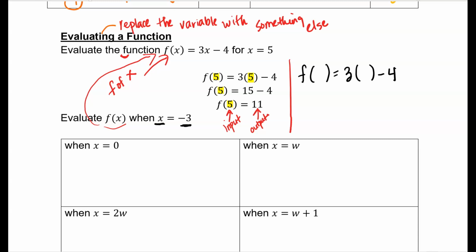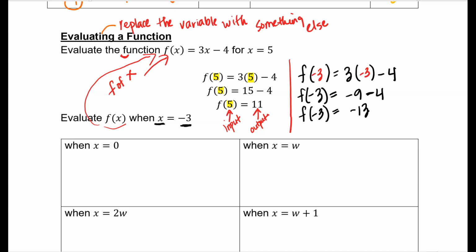So we're going to replace it with a negative 3. We're going to rewrite the left side. There's nothing to compute when it's a function. 3 times negative 3, negative 9 minus 4. But the right side, as you can see, we can compute it pretty easily. Negative 9 minus 4 is negative 13.